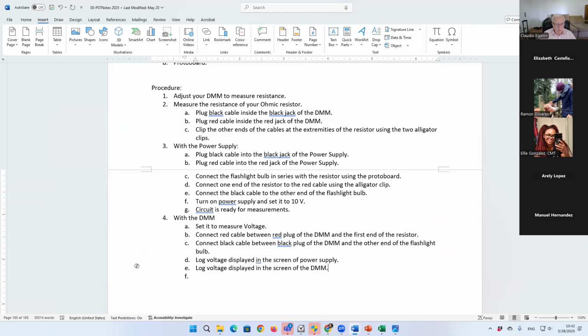And then what to do next? Lower the voltage to 8 volts in the power supply. Let's put readjust the voltage to 8 volts in the power supply.